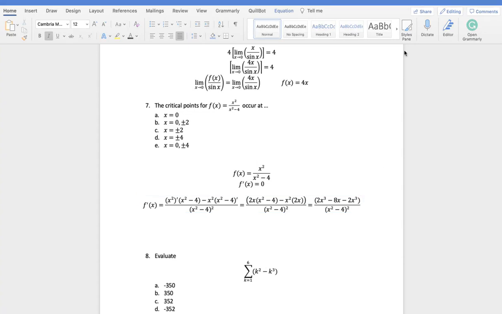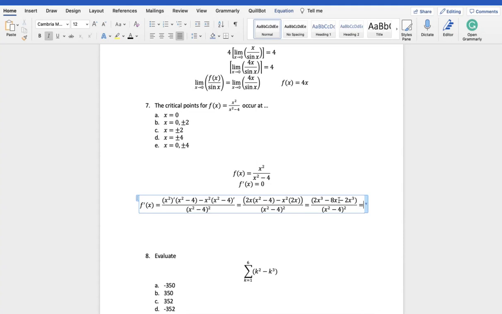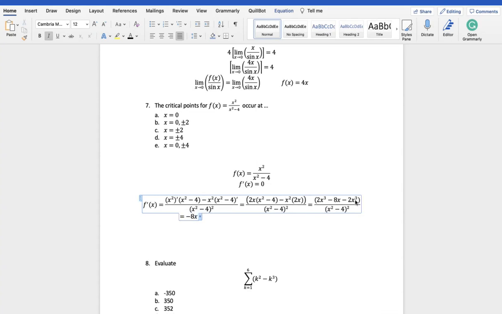And the 2x cubed terms will cancel, so you'll be left with negative 8x divided by x squared minus 4, squared, right? So that's the derivative of your f of x.